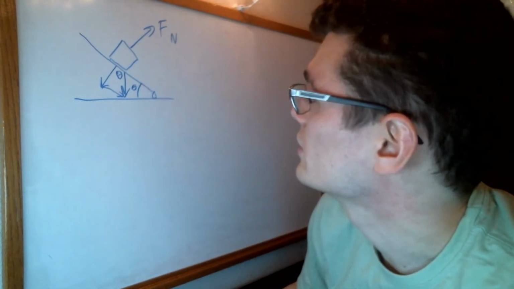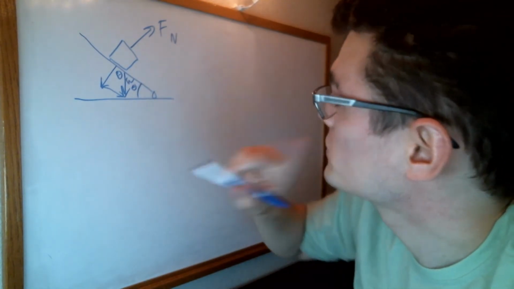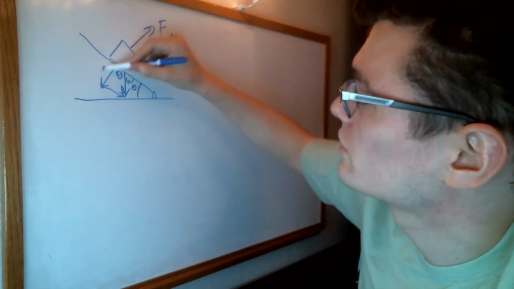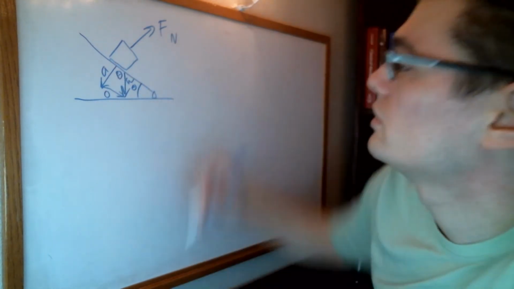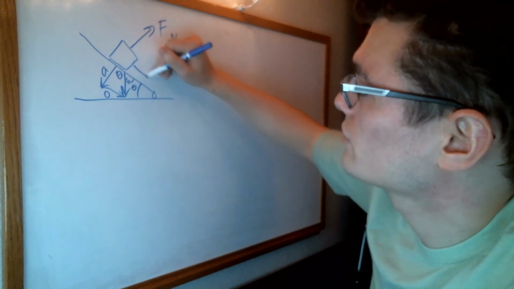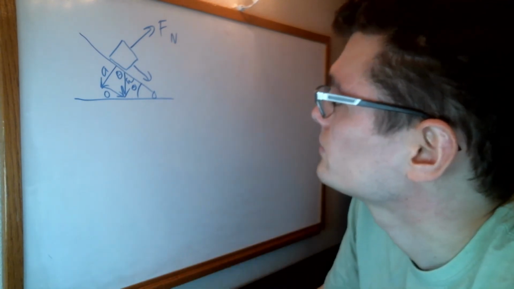So in this case, this is W, and this is our hypotenuse, this is going to be our A, this is going to be our O. This O force is also pointing in that direction there, and A is the opposite of the normal force.